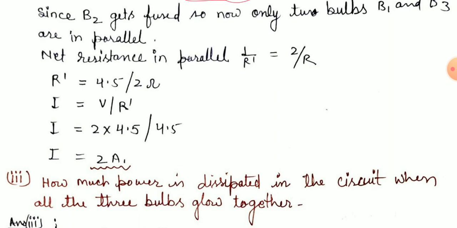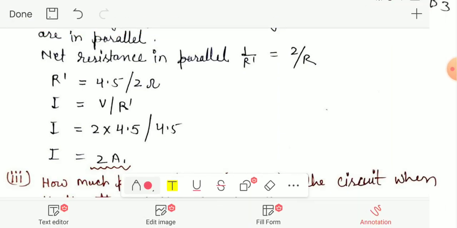I is equal to V upon R dash. Now put in the values: I equal to 2 into 4.5 upon 4.5. The value of I will be V upon R dash.